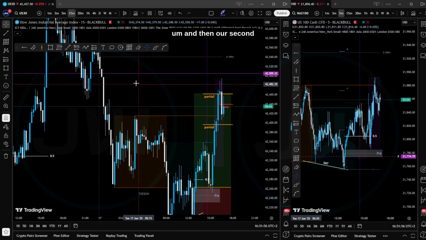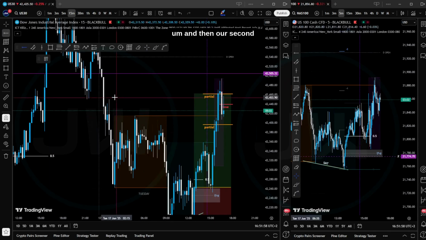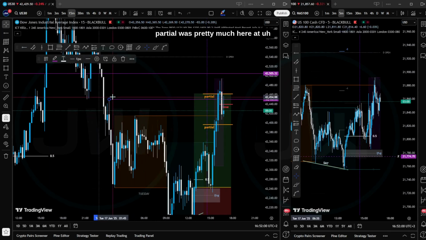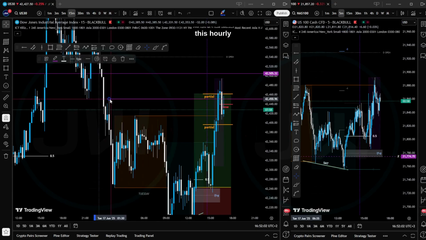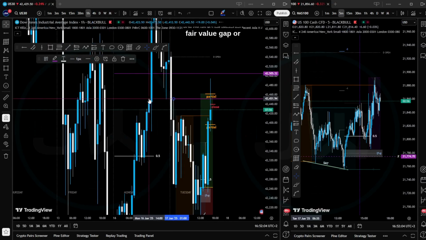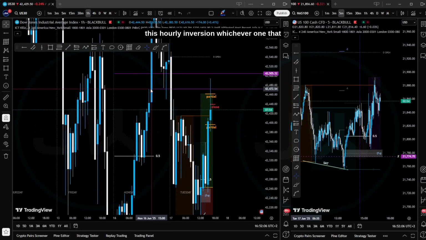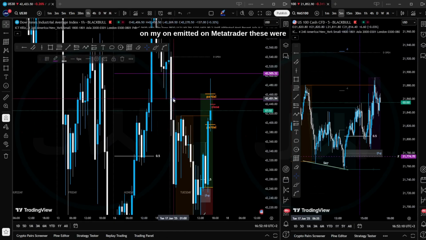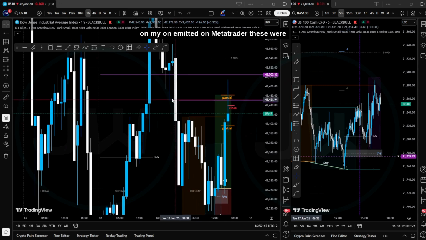Doesn't matter. And then our second partial was pretty much here at this hourly fair value gap, or this hourly inversion, whichever one. On MetaTrader these were very close together, so it doesn't really matter.